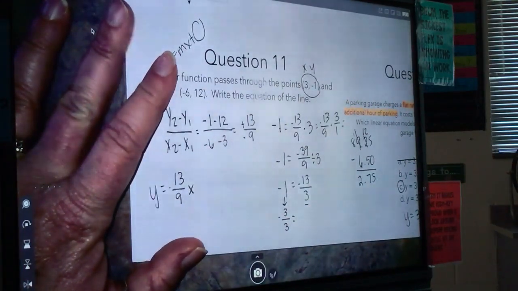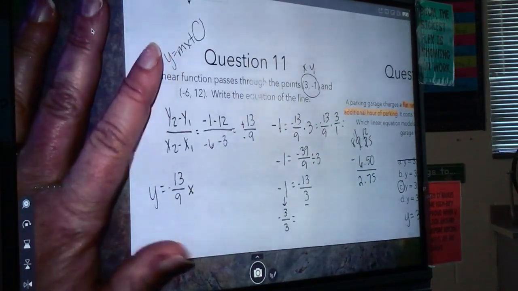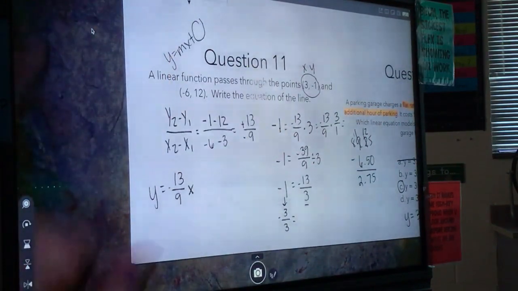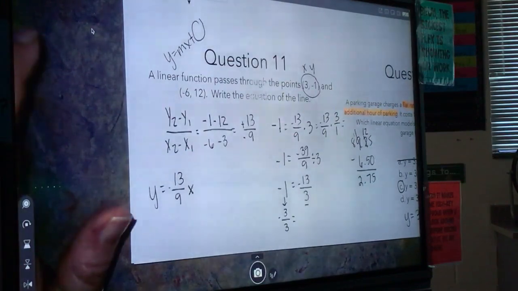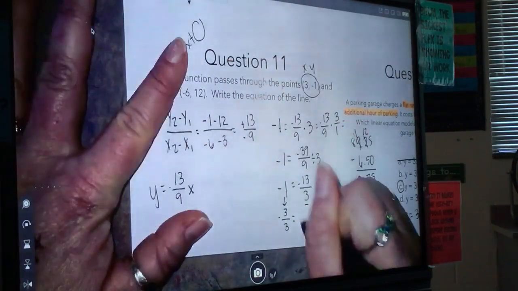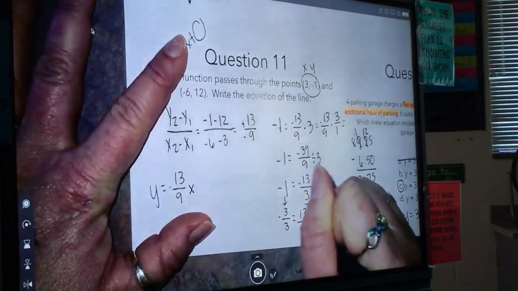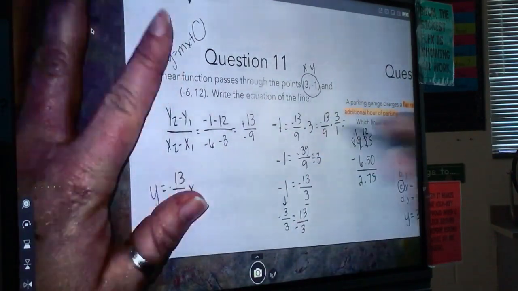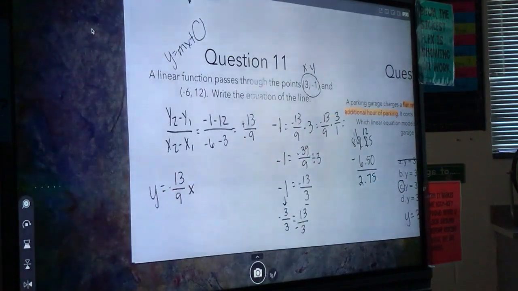Remember, when you're adding and subtracting fractions, this is why I keep putting this on Delta Math for y'all. When you're adding and subtracting fractions, what does your denominator have to be? The same. So how do we get negative 13 over 3 to equal negative 3 over 3?